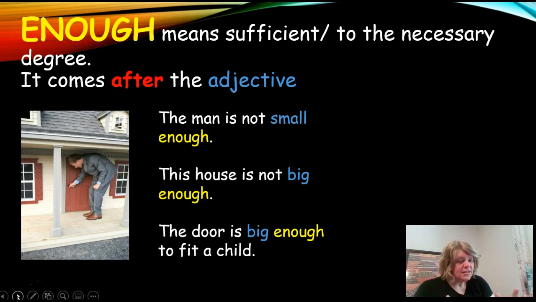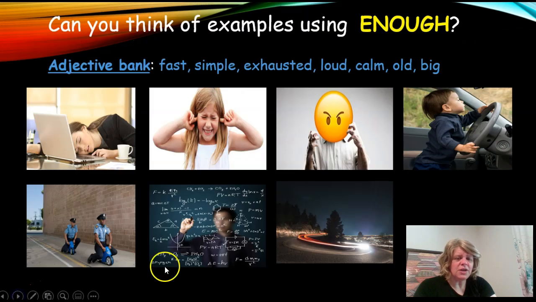The sentences do not always have to be negative. They can be positive as well. We can say the door is big enough to fit a child. So this is an example of a positive sentence with enough. Now we're going to look at the same pictures, but now we're going to make sentences with enough. Again, I'm going to use the first picture as an example.